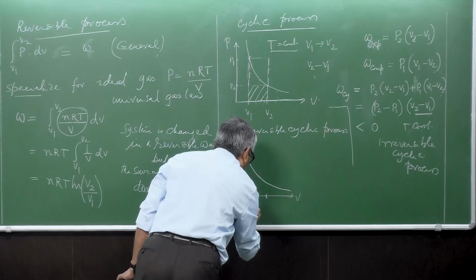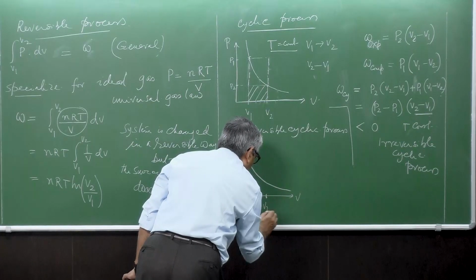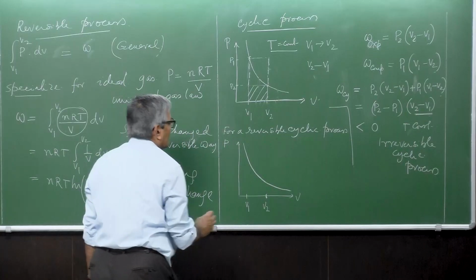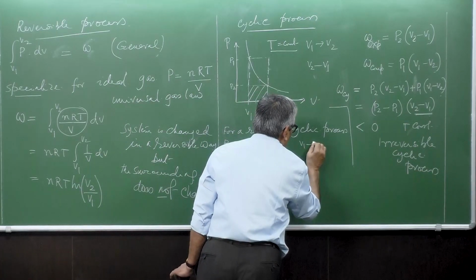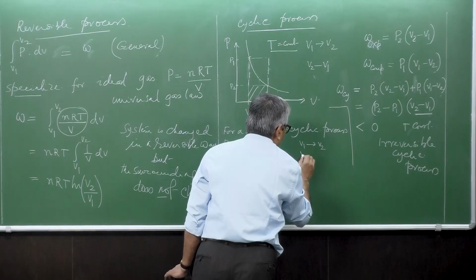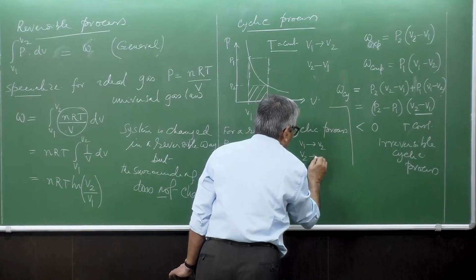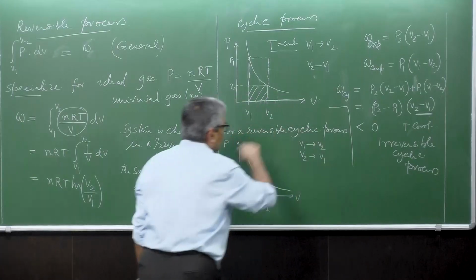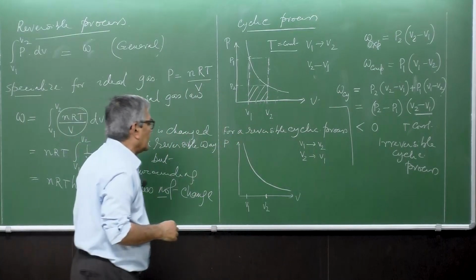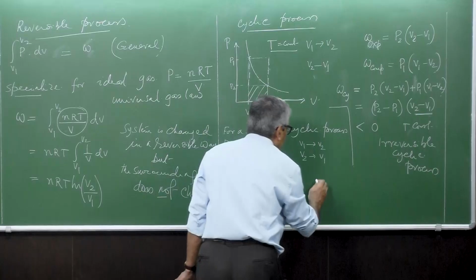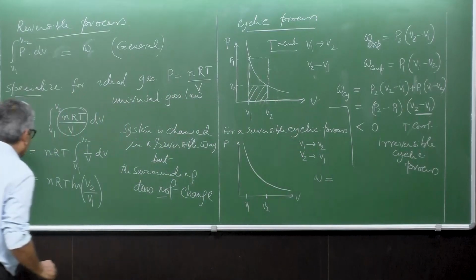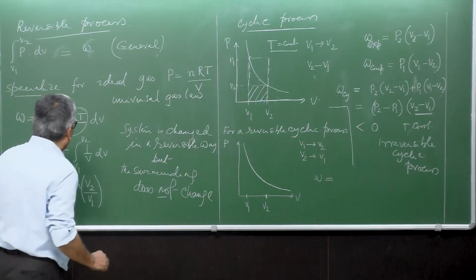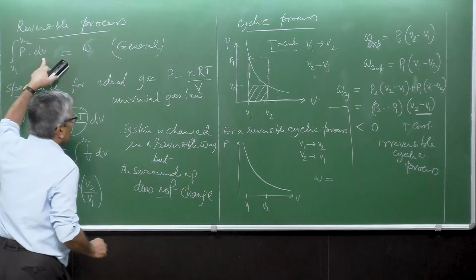from volume V1 to V2 and return. That is, you go from V1 to V2 and then come back from V2 to V1, and in this way you get a complete cyclic process, and W cycle will be exactly the same thing as we derived here, that is the integral of P times dV.